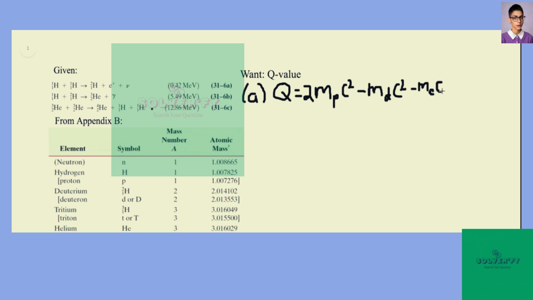And the neutrino doesn't have an atomic mass, so it doesn't show up in this equation. And now we can see the c squared is present in every term, so we can factor that out. So I'll just quickly rewrite this.